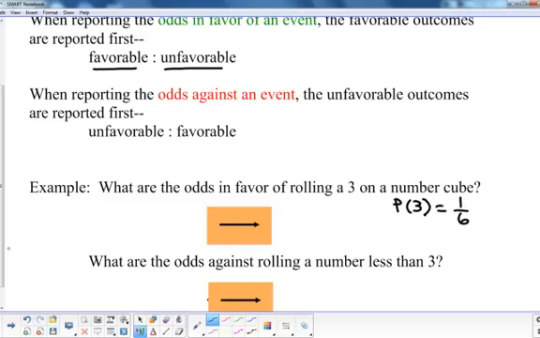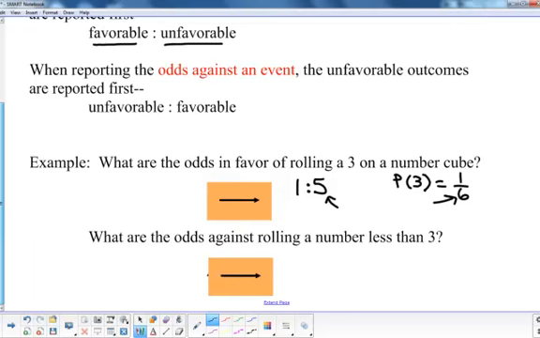So the odds of rolling a 3: 1 three will be rolled to the 5 not-3s that will be rolled. This number is actually the complement, and together they add to give you the denominator of the probability. The odds against would mean that your 5 is going to be the first number, because you're not going to roll a 3 5 of the 6 times, and you are going to roll a 3 1 of the 6 times.